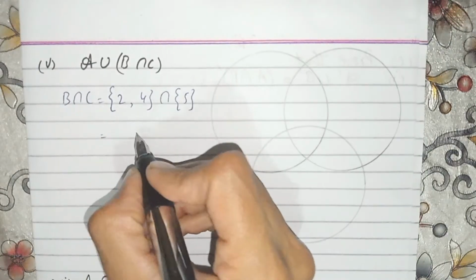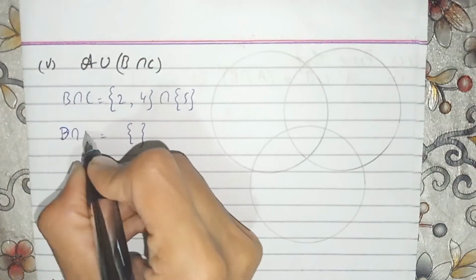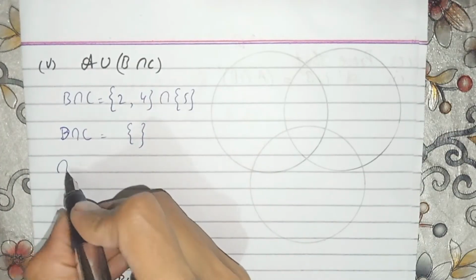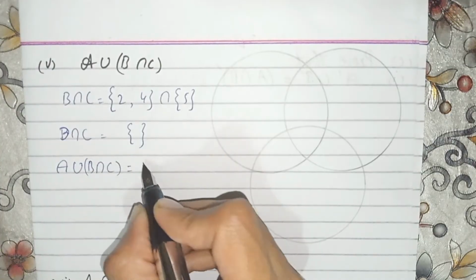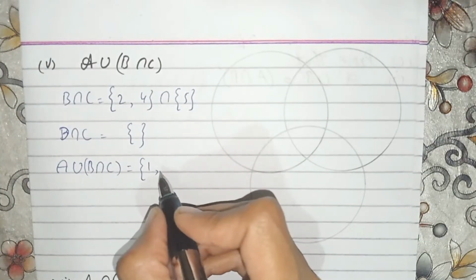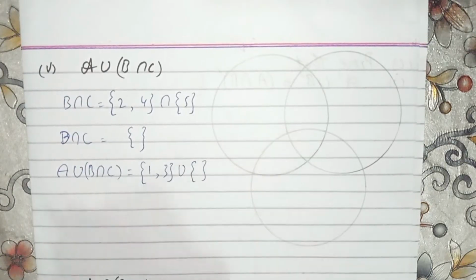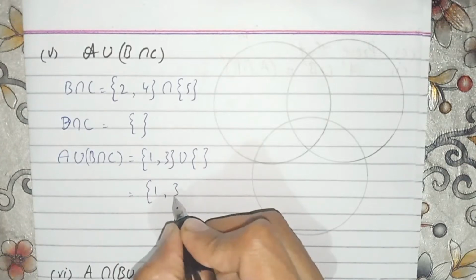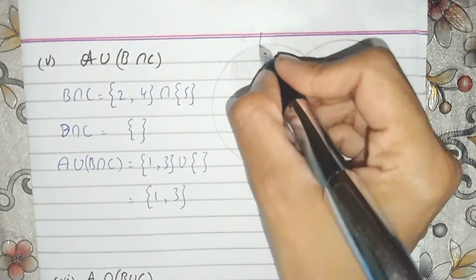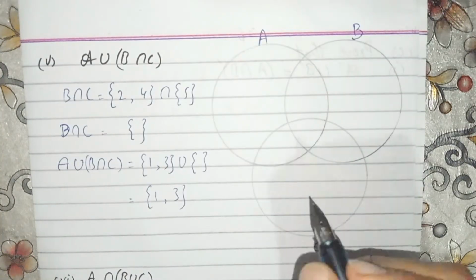We get empty set, B intersection C, and now A union B intersection C. A is 1 and 3, and union with empty set, and we get the answer 1 and 3.